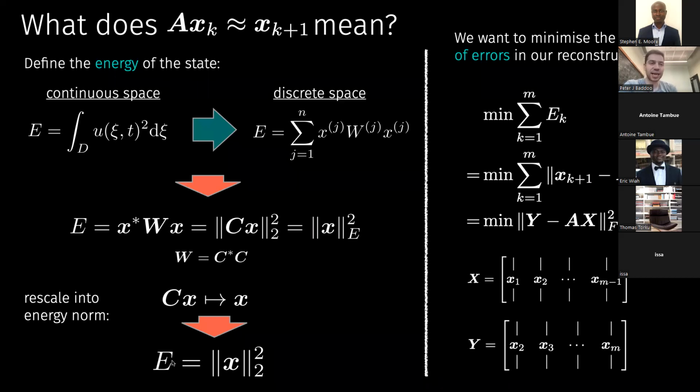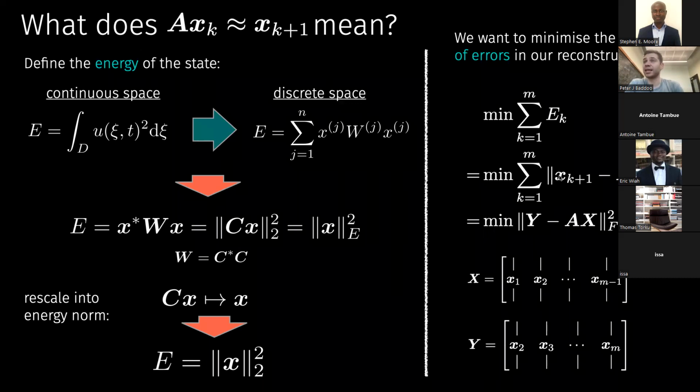So whenever we see the 2 norm of a state, we should think of its energy. And when we want to find an A that approximately propagates these measurements forward in time, we want the energy of the errors of that propagation to be small. By that, we mean that if we sum up the errors between all our measurements and the propagated measurements, then we want that sum to be small.